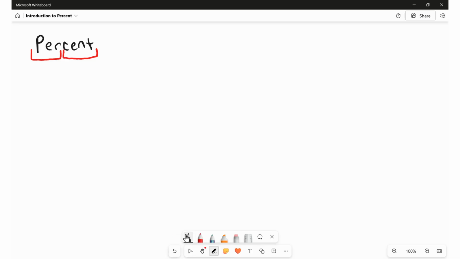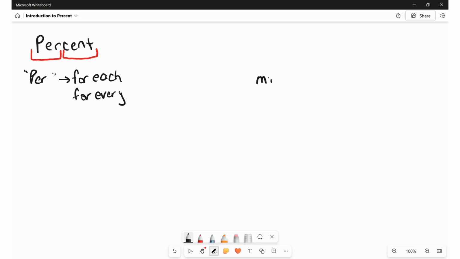When we talk about the term per, the definition of this is for each or for every. Let's think about some other things that use per.